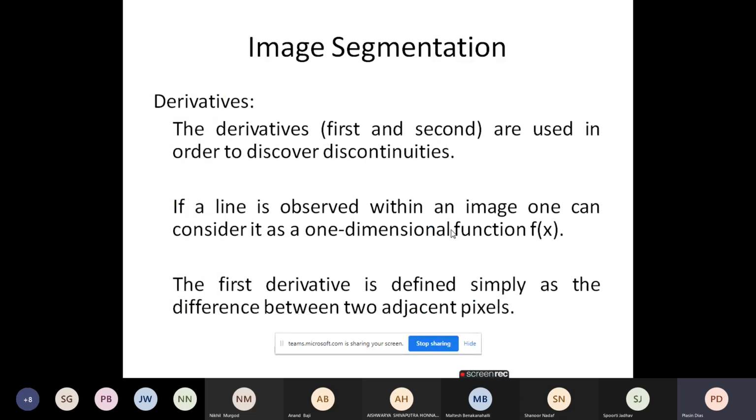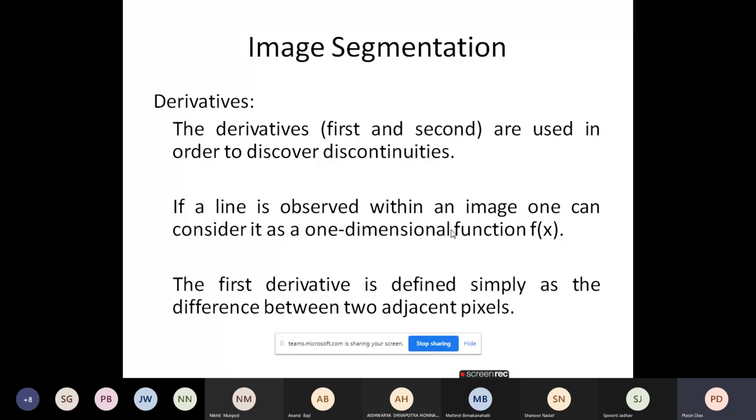Some basic mathematics understanding is required for point detection and line detection, because we started the class saying we are trying to understand point detection and line detection.